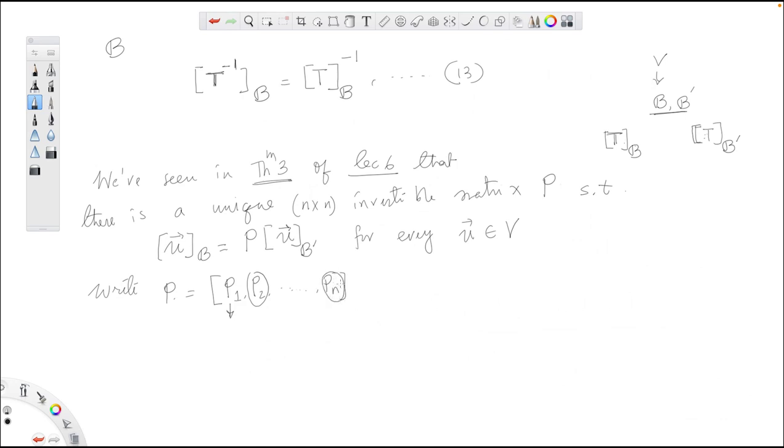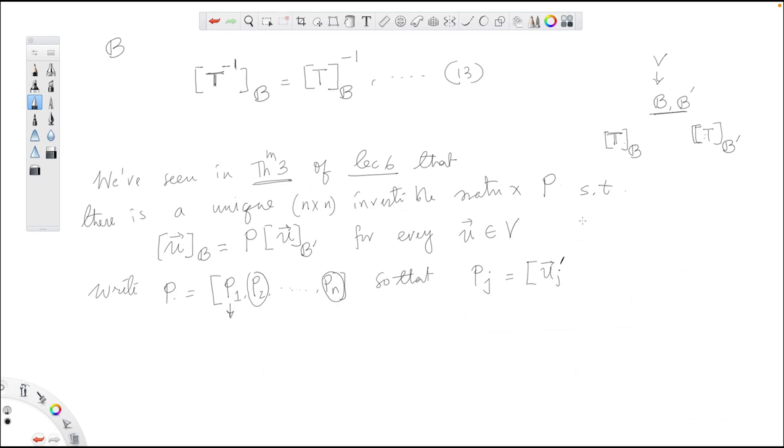We have Pn to be the nth column of this invertible matrix P. We can calculate the jth column as follows: Pj is going to be the coordinate matrix of the basis vector uj prime.